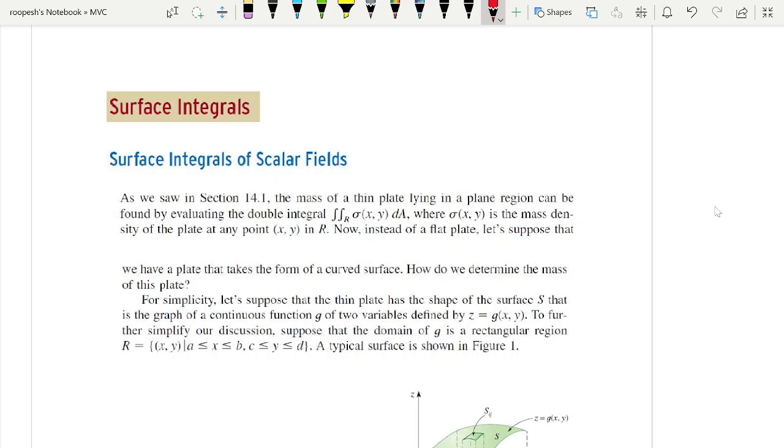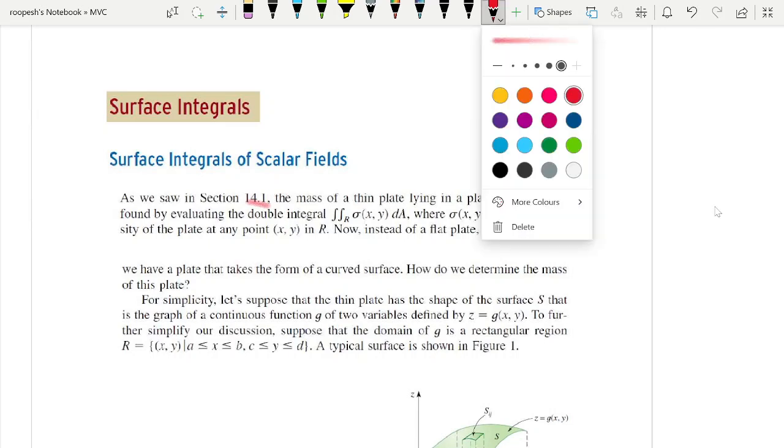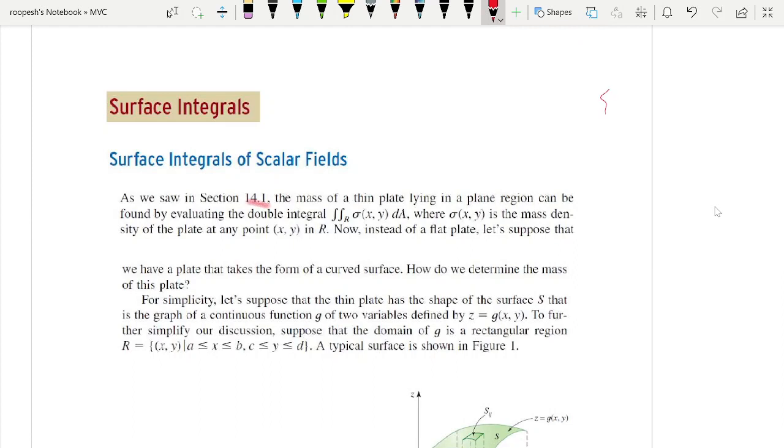So in section 14.1, we have already discussed that the mass of a thin plate lying in a plane region can be found by evaluating double integrals.